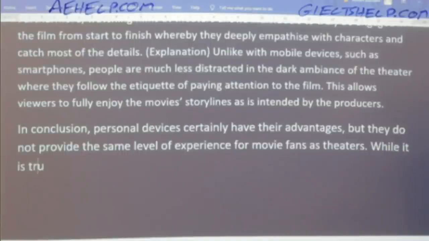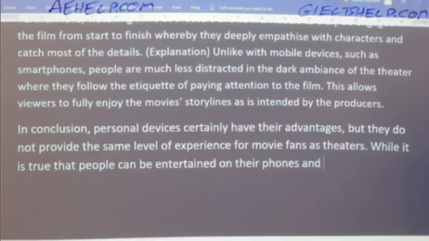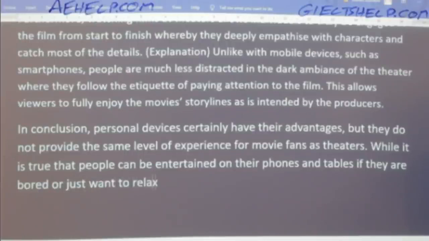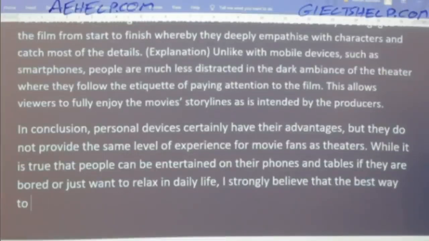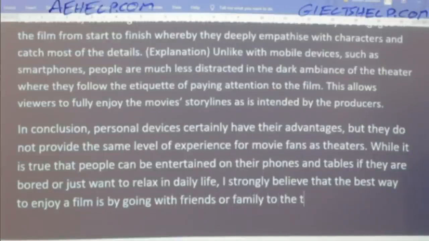While it is true that people can be entertained on their phones and tablets if they are bored or just want to relax in daily life, I strongly believe that the best way to enjoy a film is by going with friends or family to the cinema.